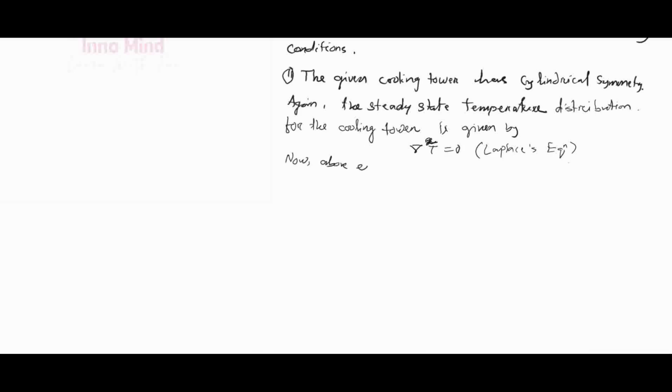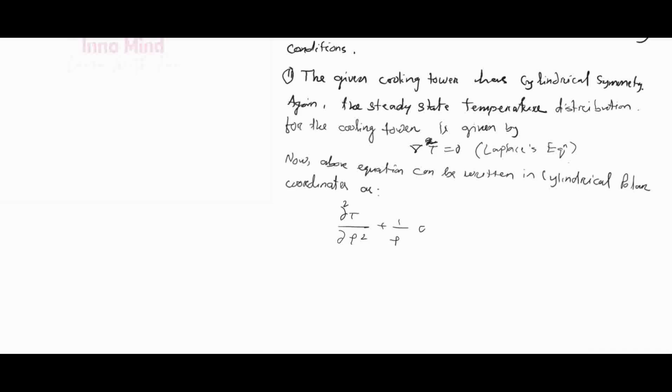the above equation can be written in cylindrical polar coordinates as: del square T by del rho square plus 1 by rho del T by del rho plus del square T by del Z square is equal to 0.